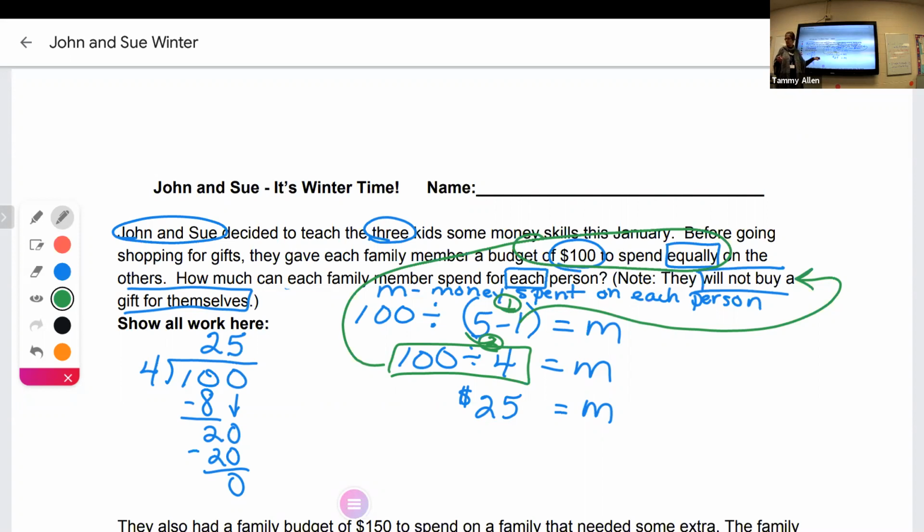Now, I'm not sure how much room you guys have because I don't know how big you guys write. So you may need another sheet of paper to do your actual writing. Okay? And when you turn these in, my guess is you will need another sheet of paper for the writing part.